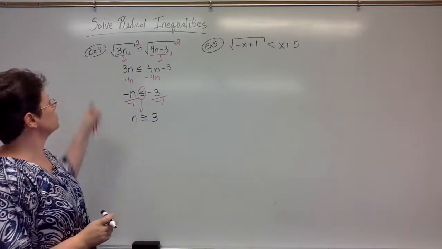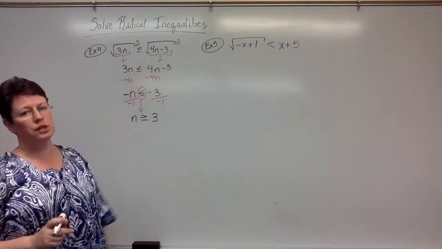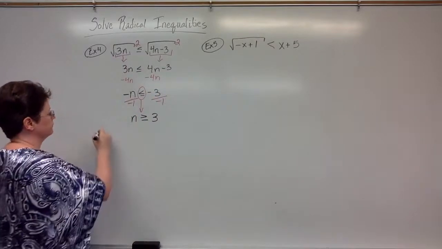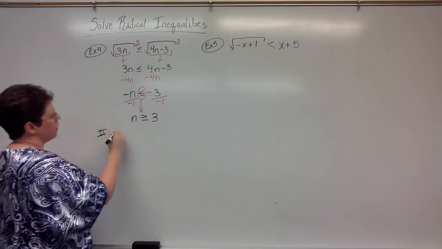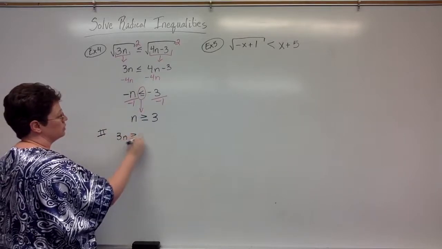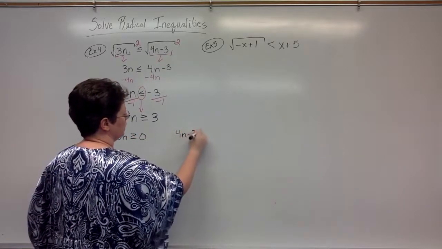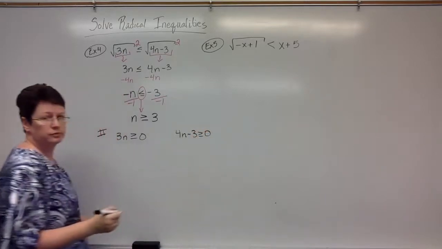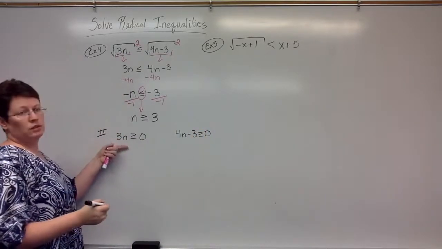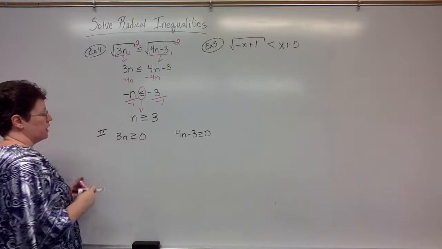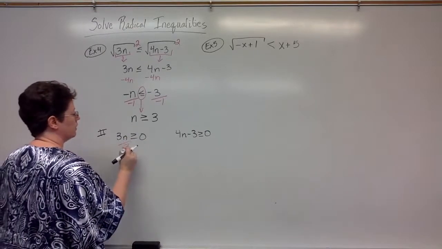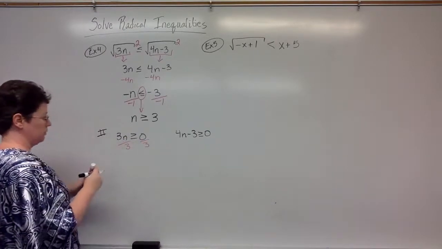Now you're looking at it and you're saying, well, Mrs. Boots, we have two things on the inside. You're right. So I have 3n has to be greater than or equal to 0, and 4n minus 3 has to be greater than or equal to 0. The 3n is easy, because when you divide by 3, 0 divided by 3 is still 0.